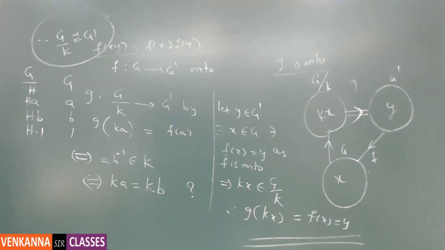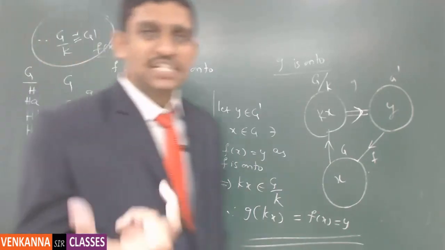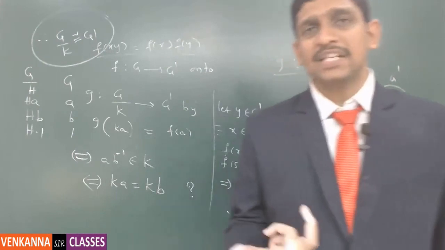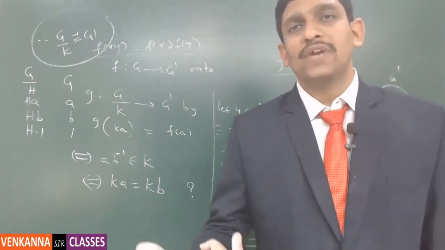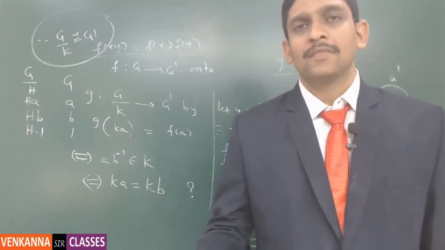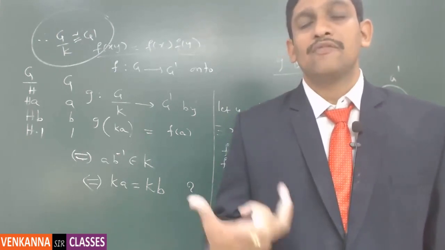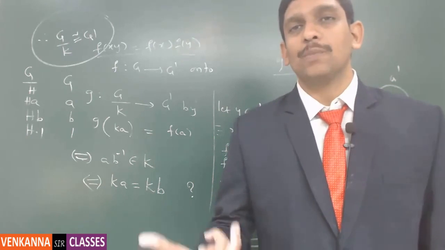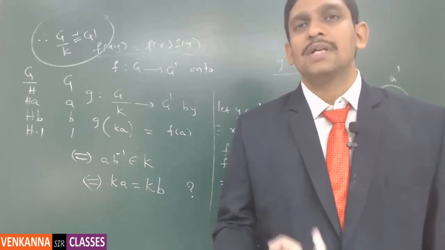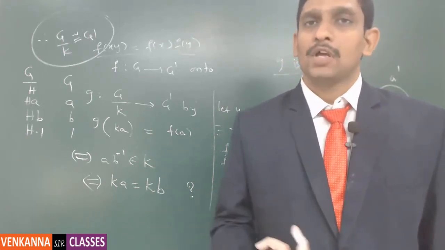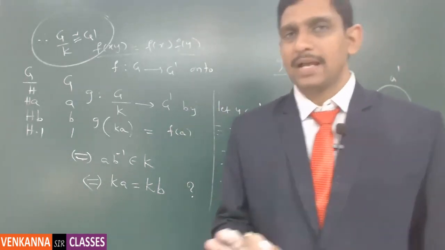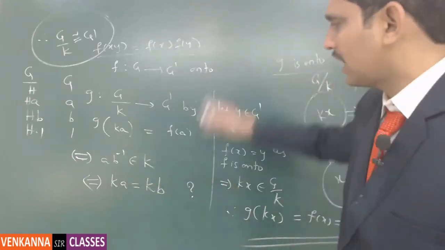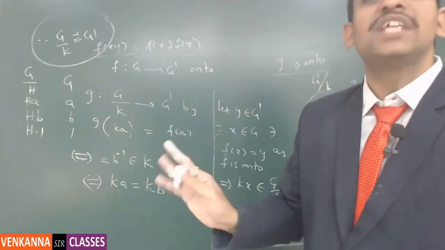There is no change. Suppose you take the second statement, in the second statement it is given that every homomorphic image of a group is isomorphic to some quotient group. So their onto condition is not mentioned. So in a simple manner, the same proof you write without changing any step.